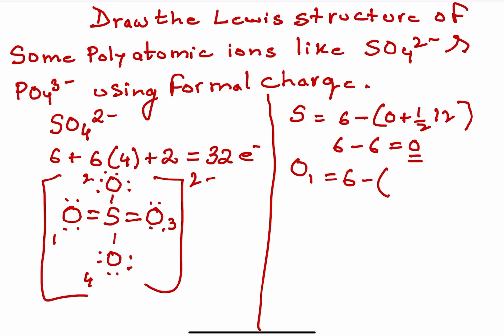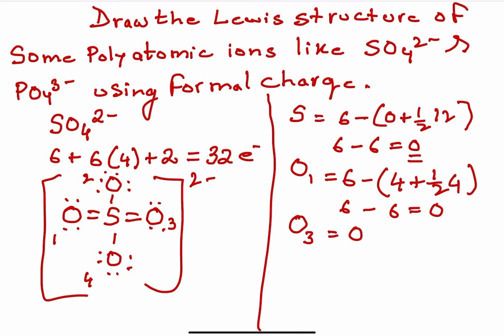So there are 4 electrons in the lone pair, plus half the number of bonding electrons. How many electrons are there? 1, 2, 3, 4. So 6 minus 6 equals 0. So oxygen 1 is 0, and oxygen 3 is similar to oxygen 1, so oxygen 3 also equals 0.